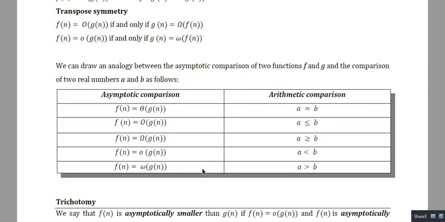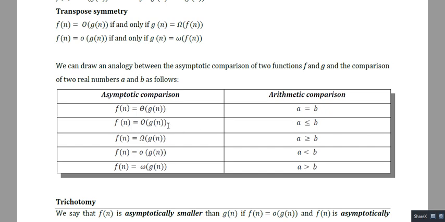But let me tell you this simple thing. This is a very interesting comparison between the asymptotic notations we use to determine the time complexity of algorithms, and the normal arithmetic operations we use in mathematics to compare two numerical values.